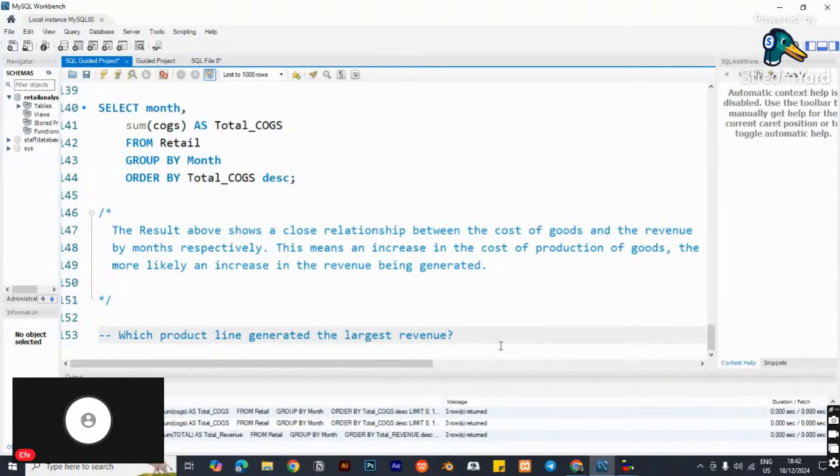So how do we do it? We'll say, let me copy this. Select.